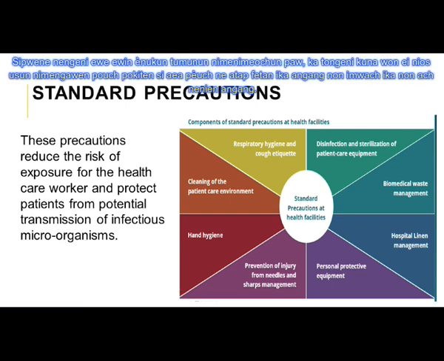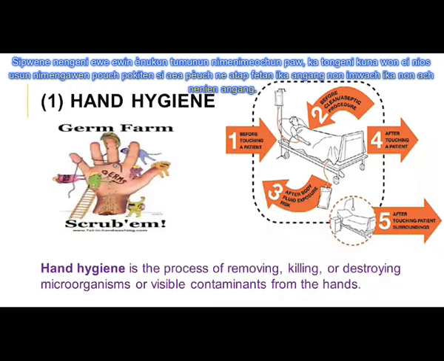So let's have a look at the first precaution that we need to always practice, which is hand hygiene. You'll see on the handout, I put 2 pictures or diagrams, and they show some illustrative information. Our hands are actually really dirty.